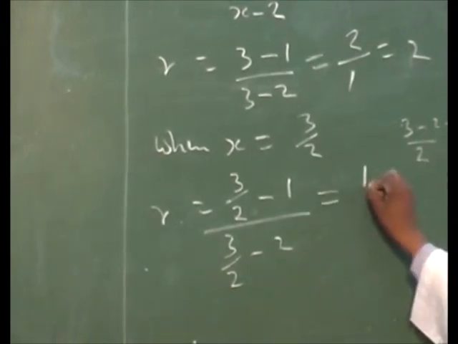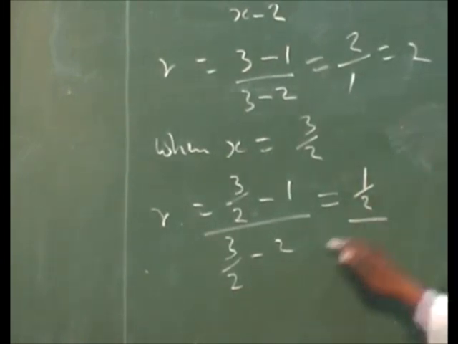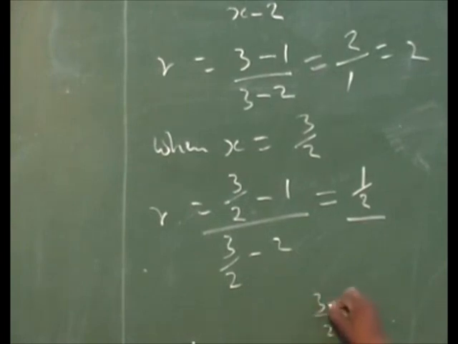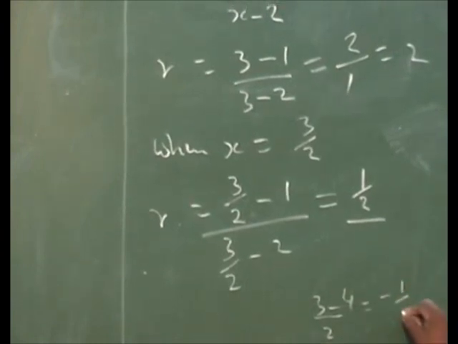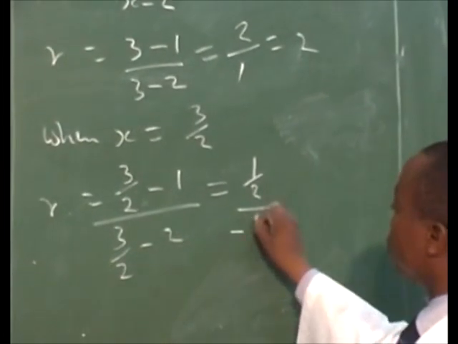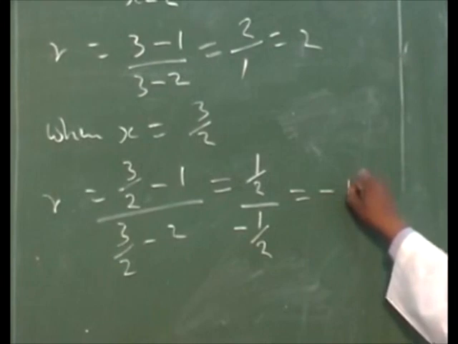So you have 1 all over 2 divided by, take the LCM of this side, 3 minus 4. So we have minus 1 all over 2. So we have the downside is minus 1 all over 2. So this is the same thing as minus 1.